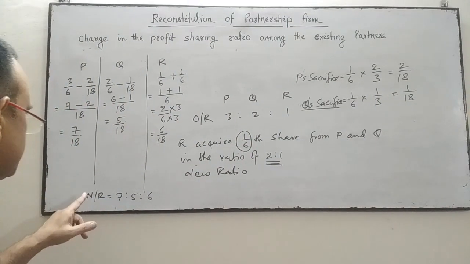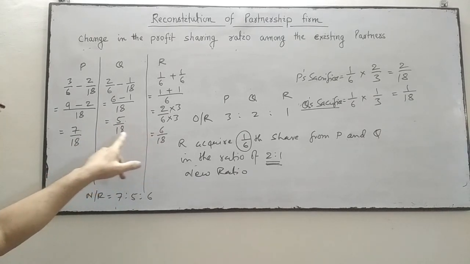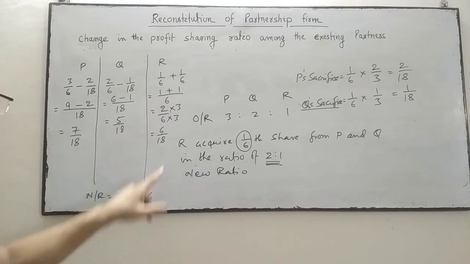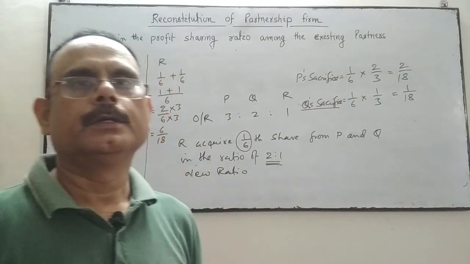So the new ratio is 7:5:6 because the denominator of all three partners' shares is the same, 18. So 7/18, 5/18 and 6/18. This is the new ratio.